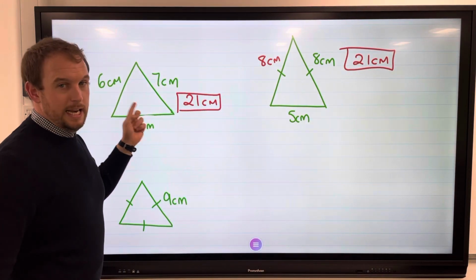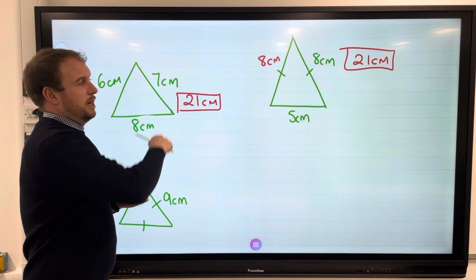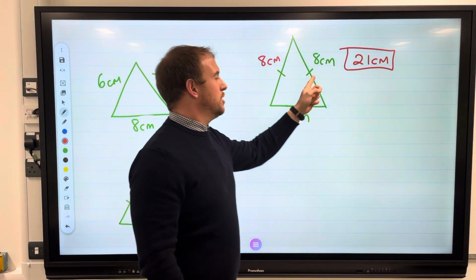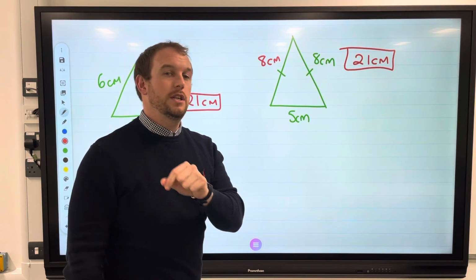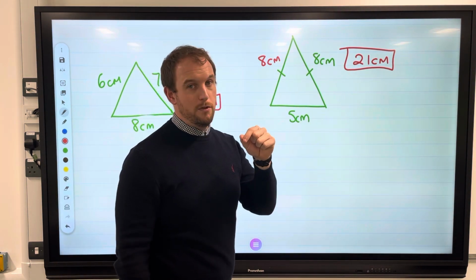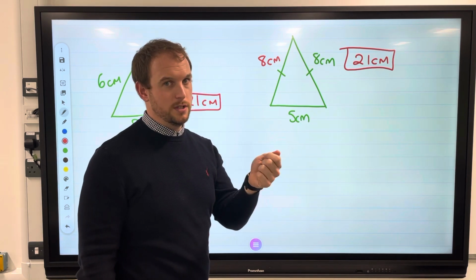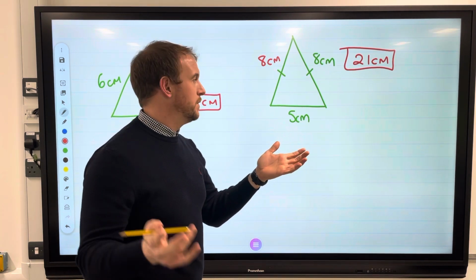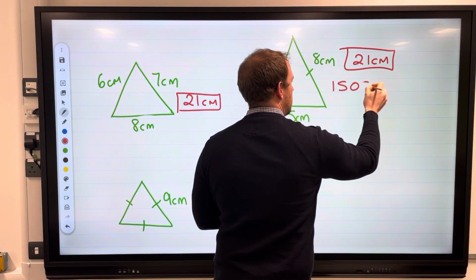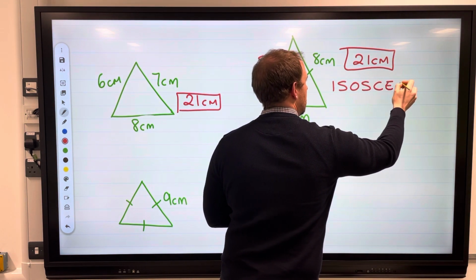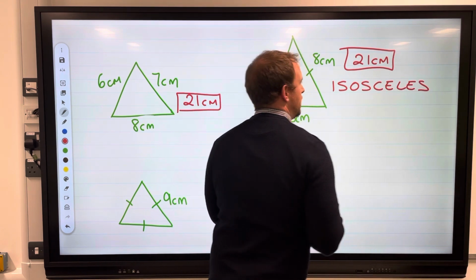So this one's a scalene triangle, where all 3 sides are different. This one has 2 equal sides. It's called an isosceles triangle. Now, a little way to help you remember how to spell isosceles, because it's a long word, something I was taught a few years ago. I sat on Swansea cliffs eating lovely egg sandwiches.